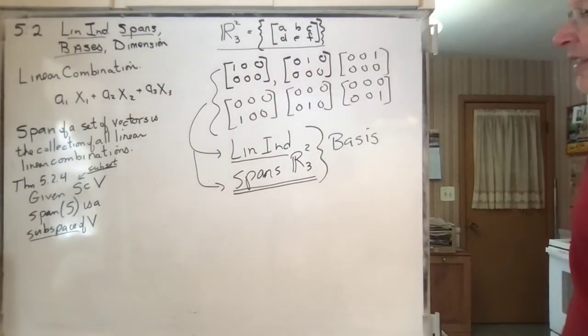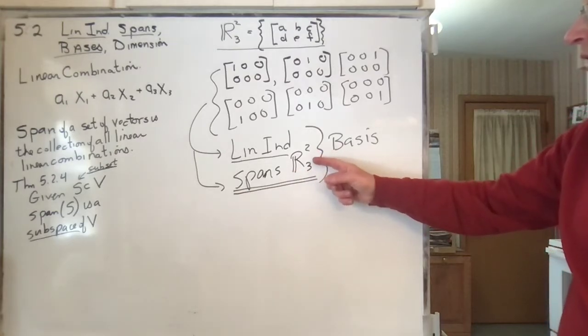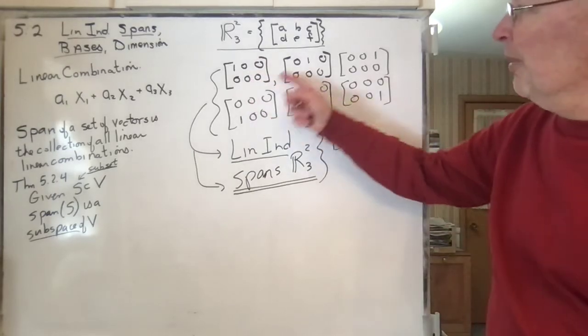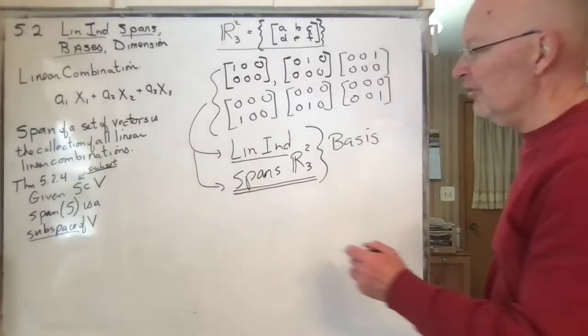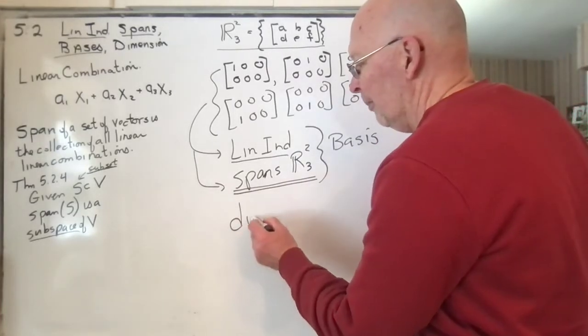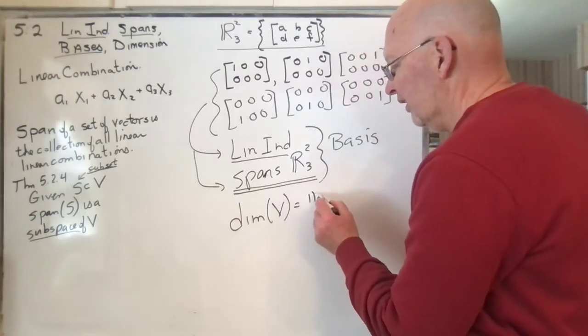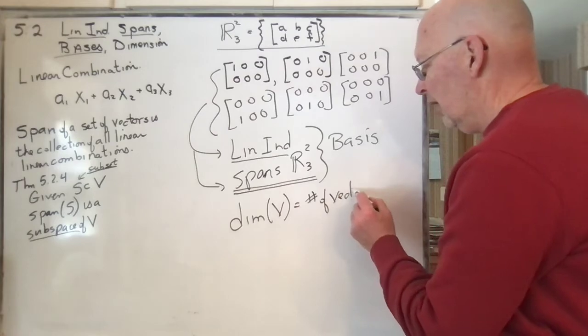But anything which is both linearly independent and also spans the space is called a basis. And the number of things in the basis, 1, 2, 3, 4, 5, 6, that's called the dimension of the space. So the dimension of V is the number of vectors in a basis.